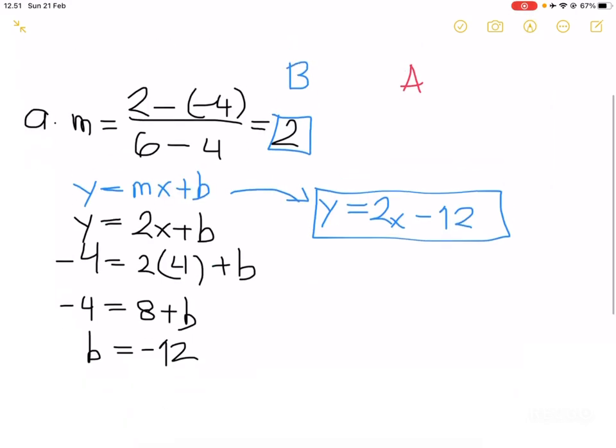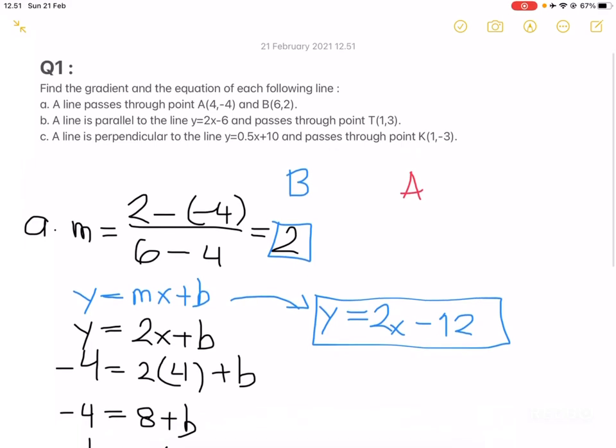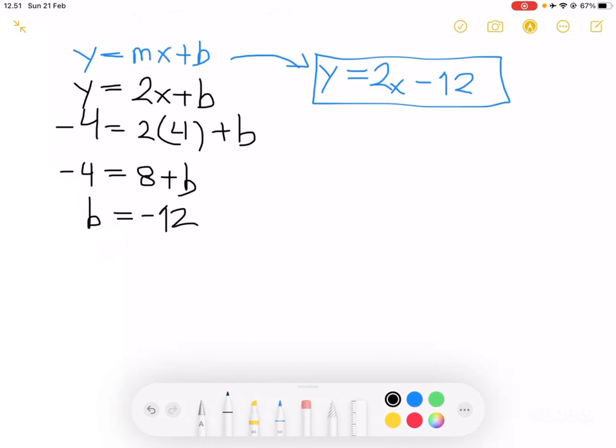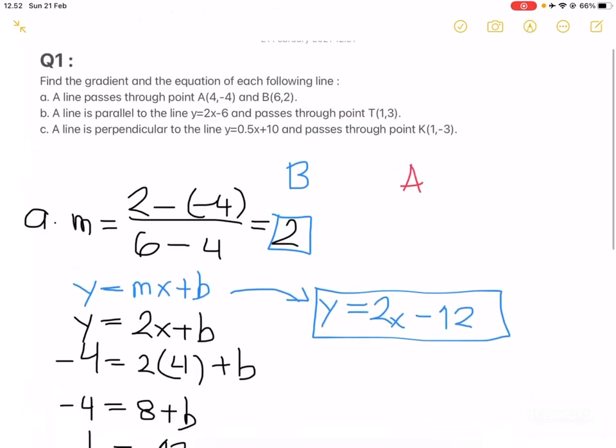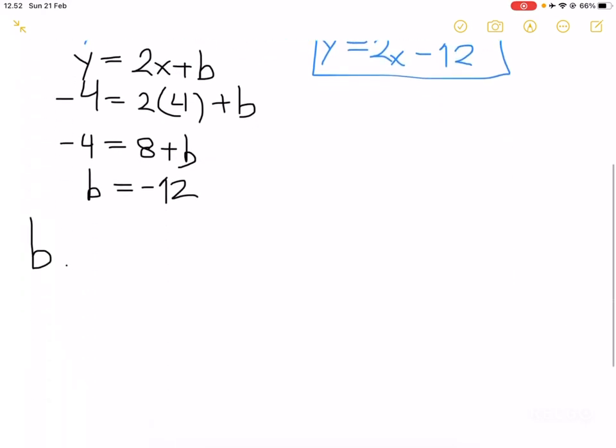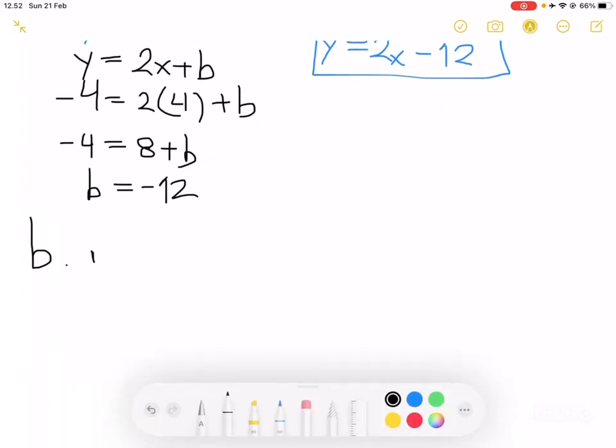Alright, for part B, a line is parallel to the given line and passes through a given point. And we know when two lines are parallel to each other, for example line 1 and line 2, the gradient of line 1 is equal to the gradient of line 2. So using that property, we know that the unknown gradient of our line will be 2.